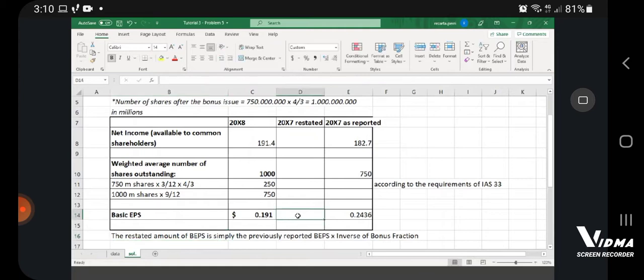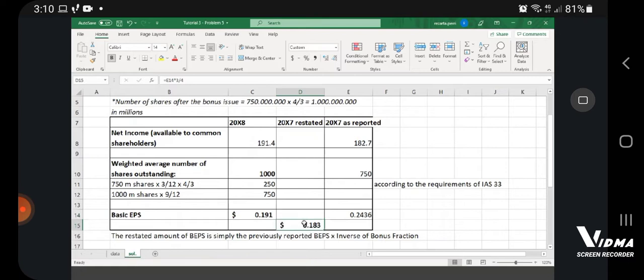That means that the restated basic earnings per share in 2017 would be the previously reported amount multiplied by the inverse, which is 3 to 4, so multiplied by 3 and divided by 4. This would be the restated basic earnings per share, okay?